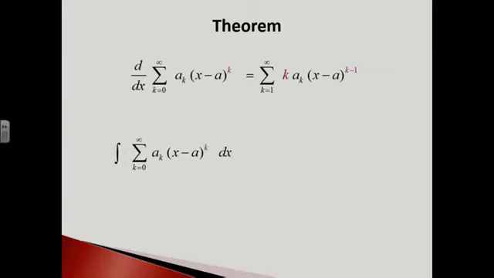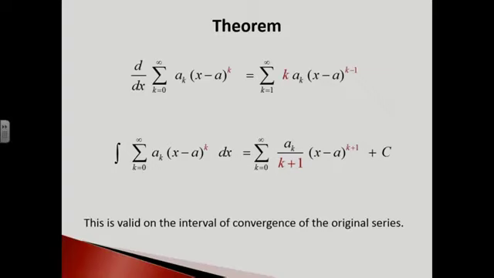It can also be integrated term by term. The integral is sigma of ak divided by k plus 1 multiplied by x minus a to the power of k plus 1 plus c. These procedures are valid on the interval of convergence of the original series.